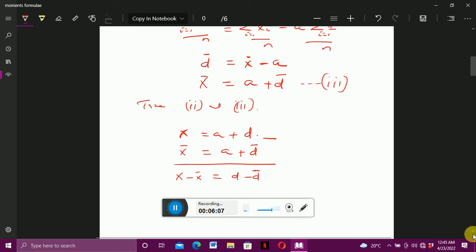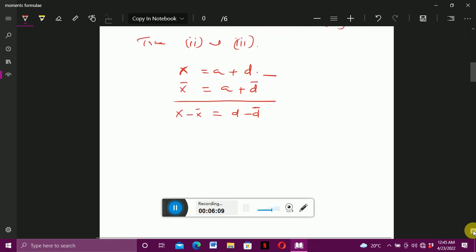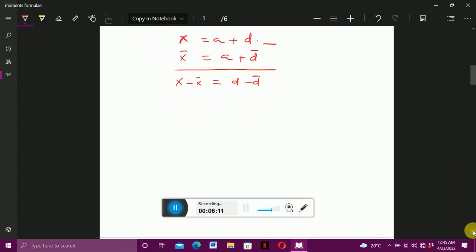So which means we could first of all recall that mu2, which is the second moment about the mean, is the sum of x minus x bar, all that squared, divided by n.